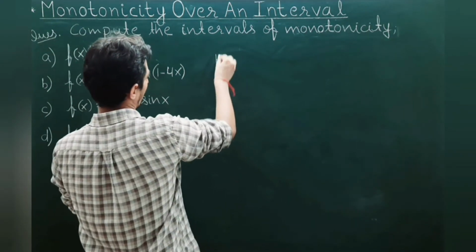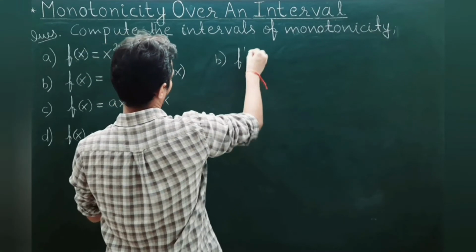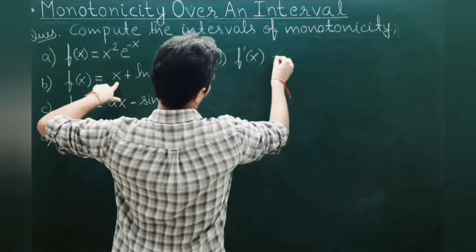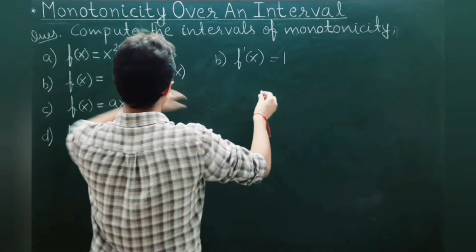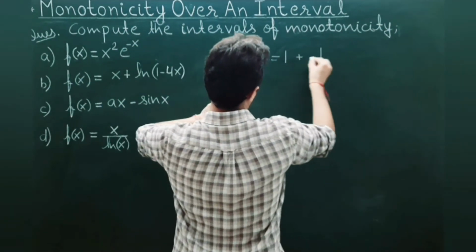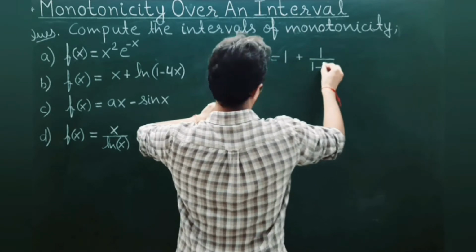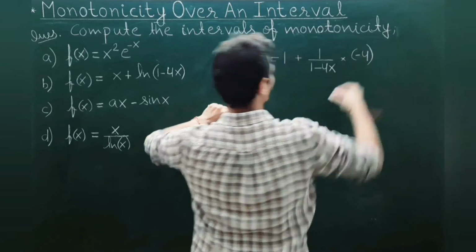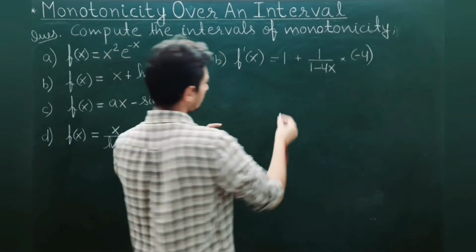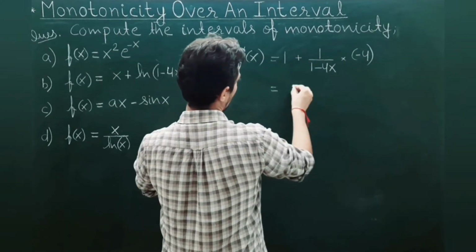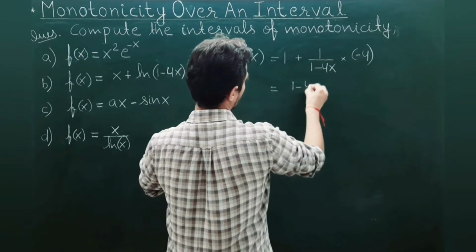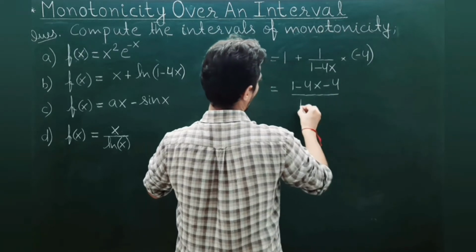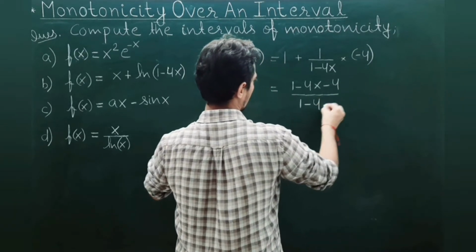In this, f dash x is x, its derivative 1, then ln(1 minus 4x), that is 1 upon 1 minus 4x and minus 4, right? So by taking the LCM, it is 1 minus 4x minus 4 upon 1 minus 4x.